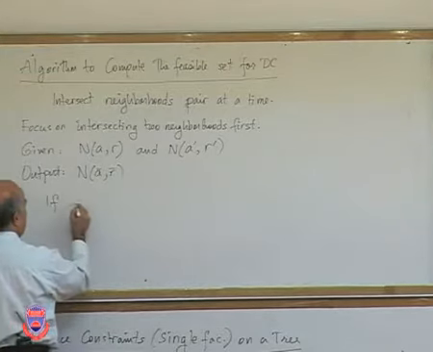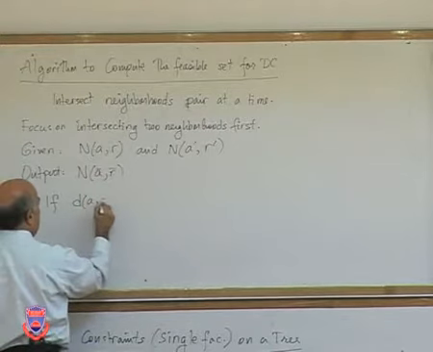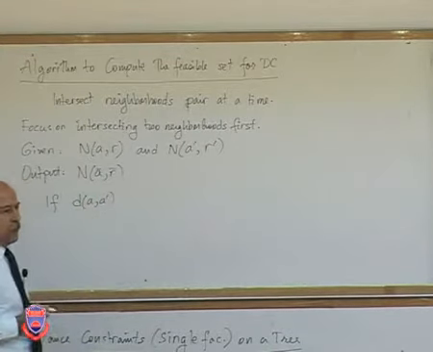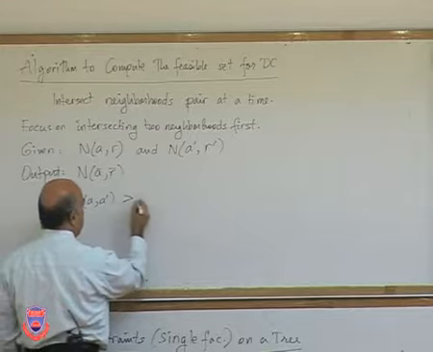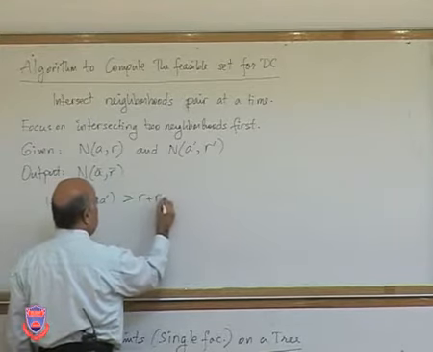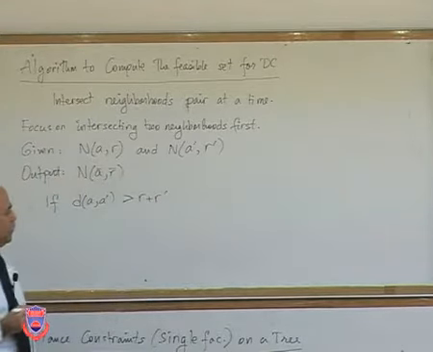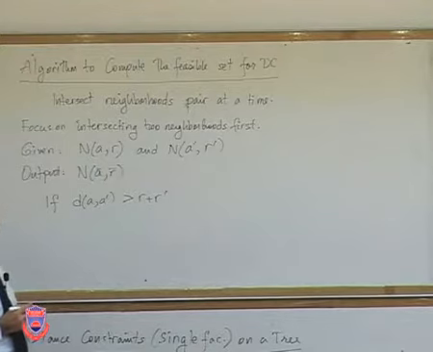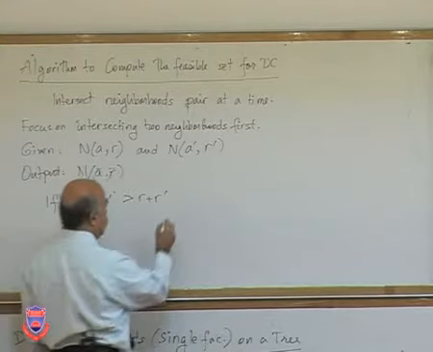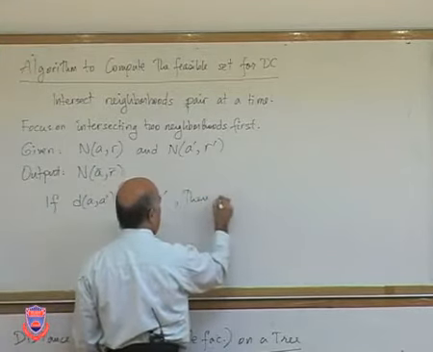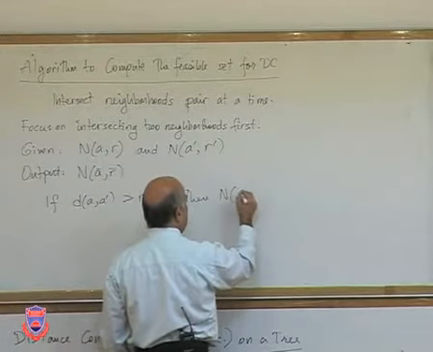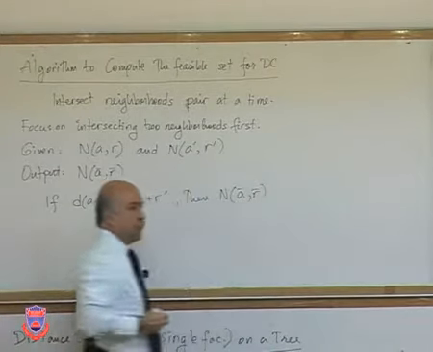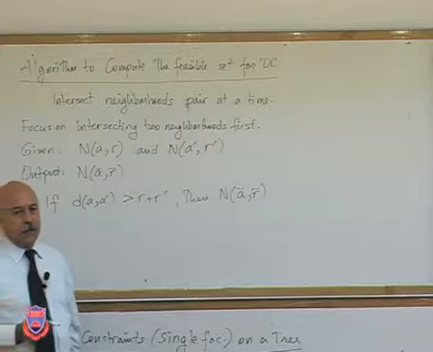If the distance between the two points A and A prime is actually greater than the sum of the radii associated with these two neighborhoods, what's the conclusion? Then my composite neighborhood, that's what they are called, is empty.